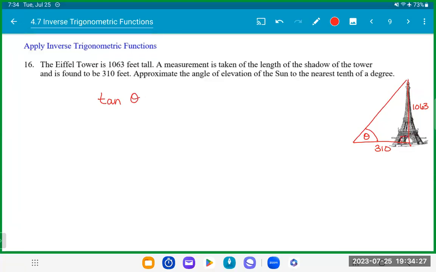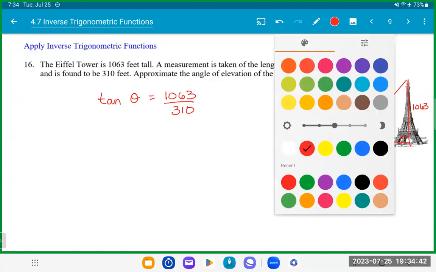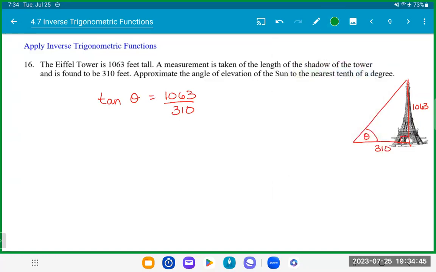So in this case, we have our tangent of theta, because if this is the right angle, I have the opposite and adjacent sides. My opposite side is 1,063. My adjacent side is 310. To get theta by itself, I can do a tangent inverse, but I have to do it on this side as well.